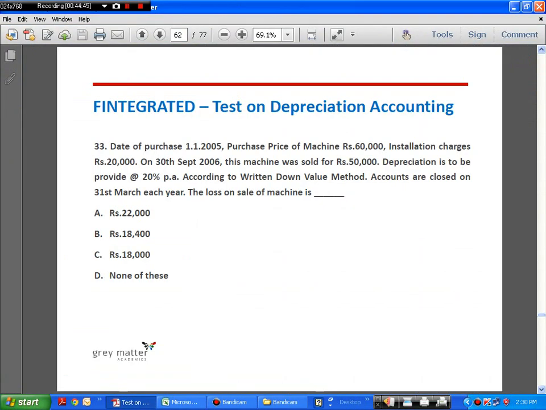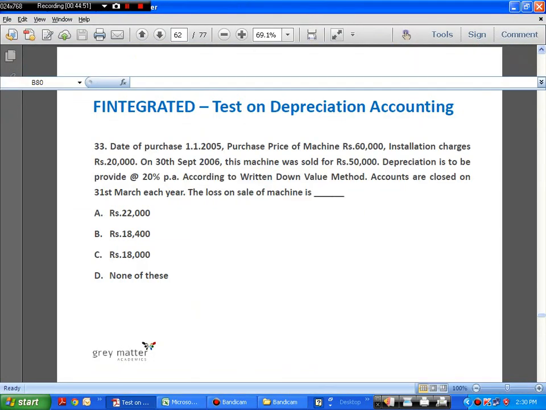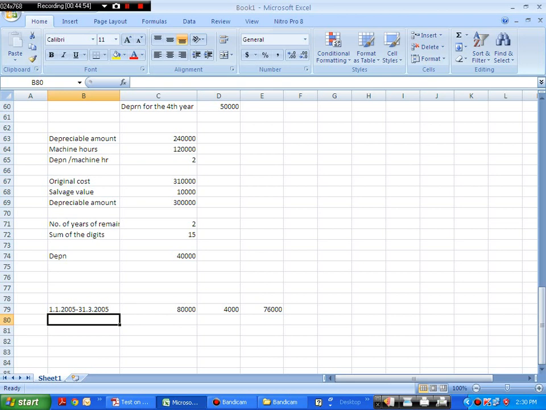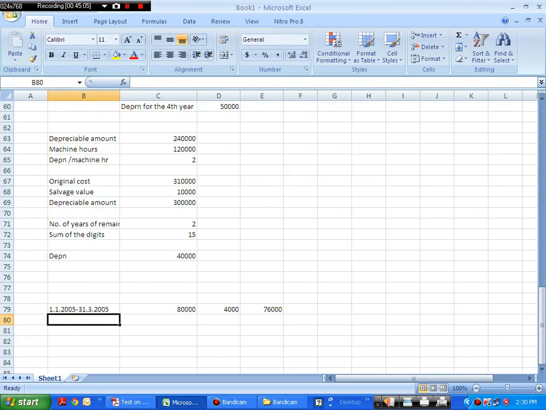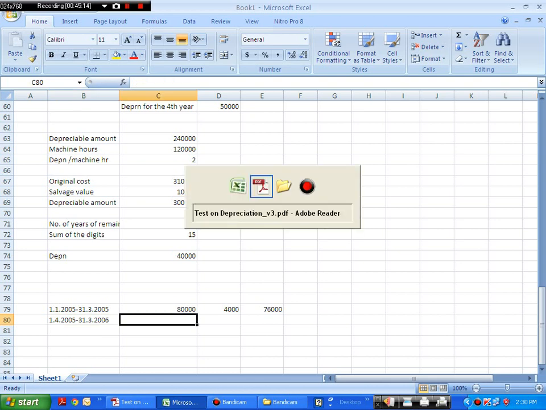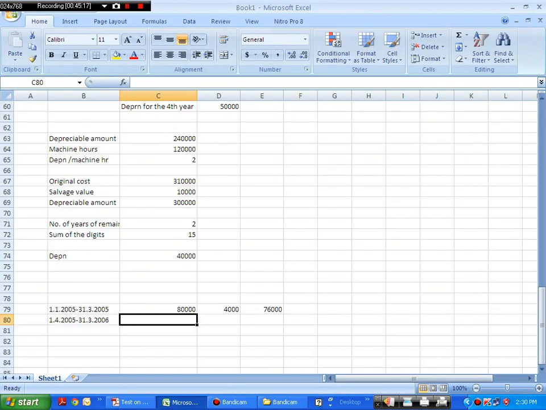Next, what's happening? On 30th September 2006, this machine is sold for 50,000 rupees. Okay, so there it's getting depreciated for one full year, that is 1/4/2005 to 31/3/2006. So the depreciation will be 76,000 into 20%.